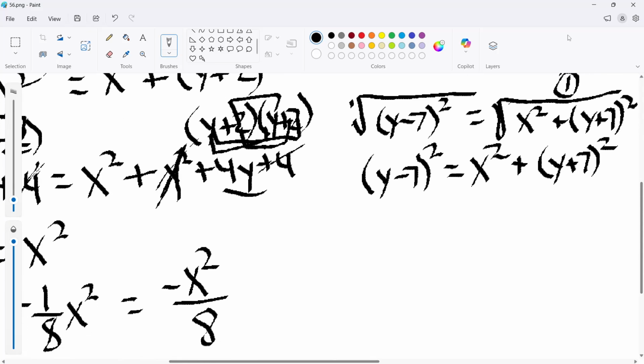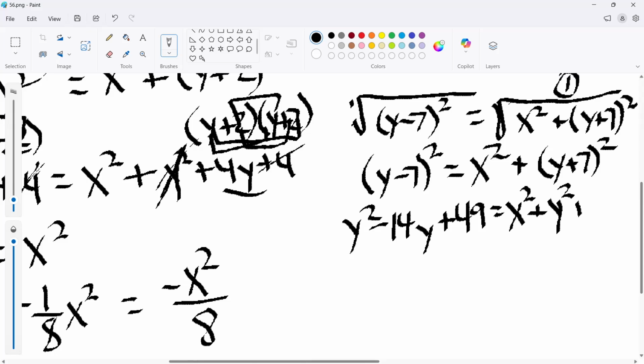I'm going to just do it because I know what it is. It's y squared minus 14y plus 49 equals x squared plus y squared plus 14y plus 49.